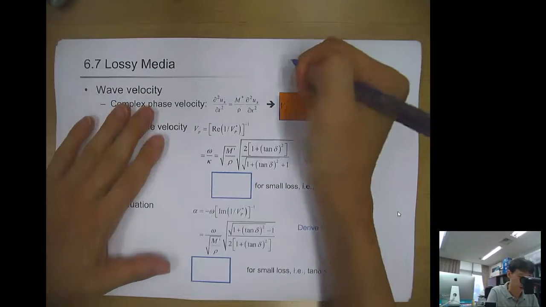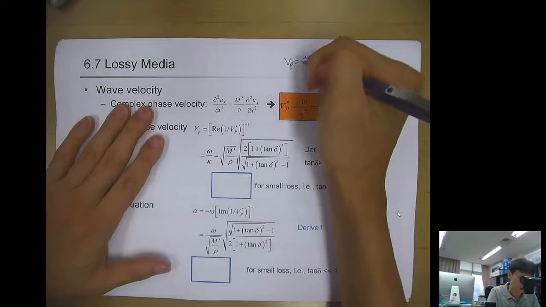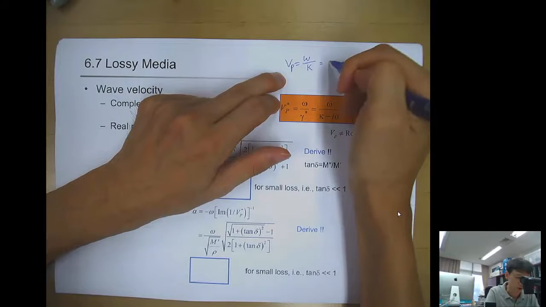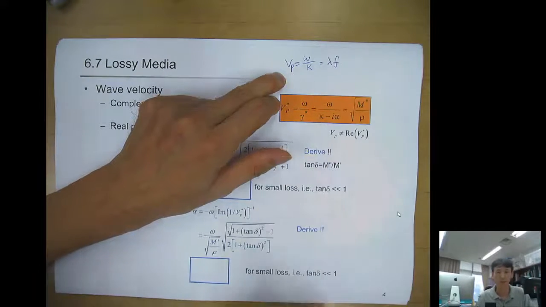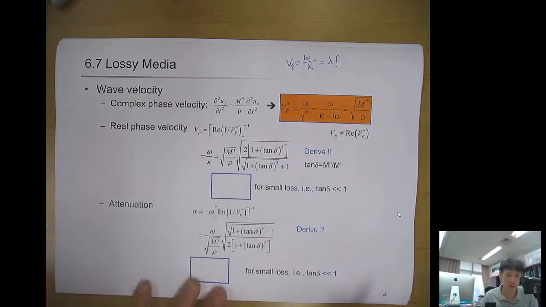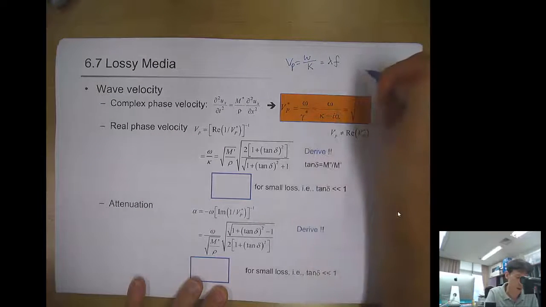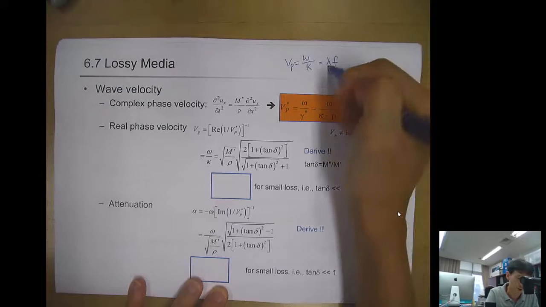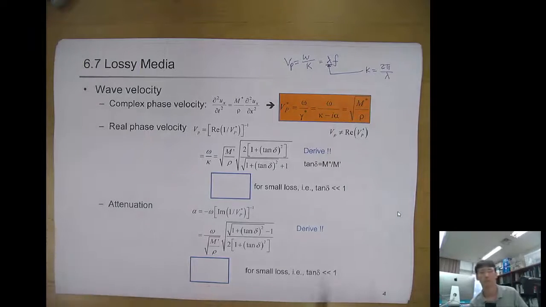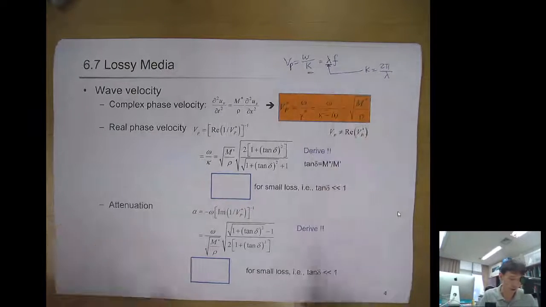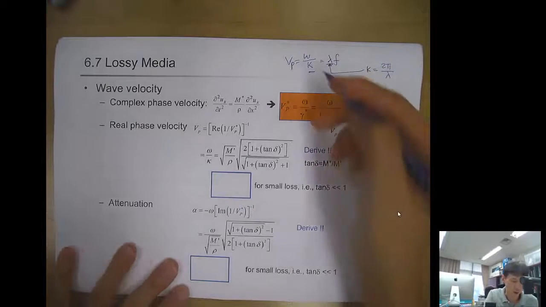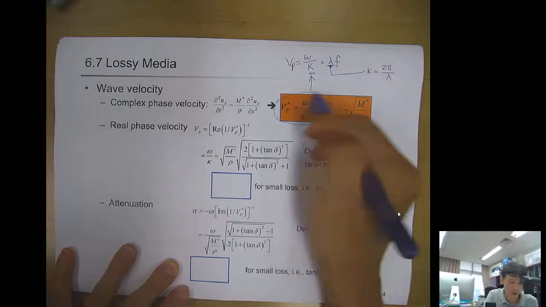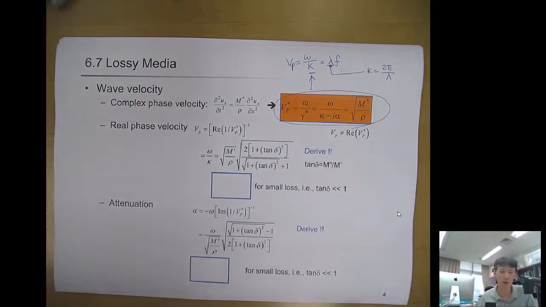Before, the wave velocity was omega over kappa, and that's because it was from the wavelength times frequency, lambda f, because kappa is 2 pi over lambda. So then you end up with this equation. Instead of kappa, now we are replacing it with gamma asterisk. Then this will be the expression for the P wave velocity in complex form.